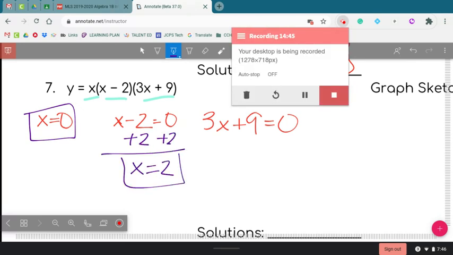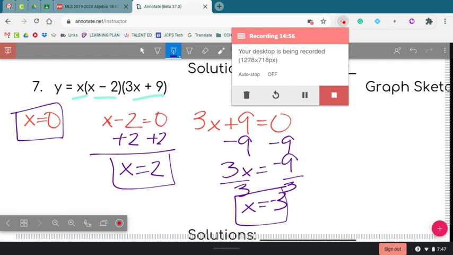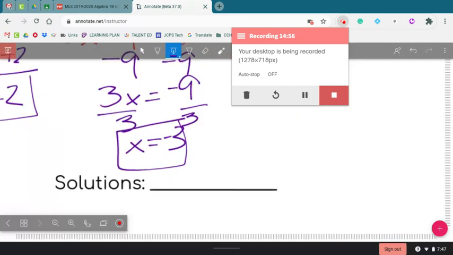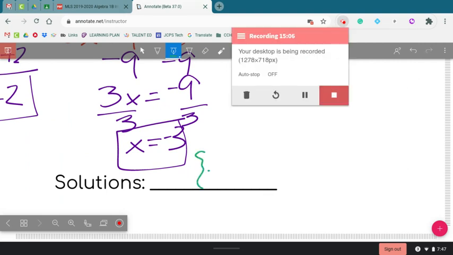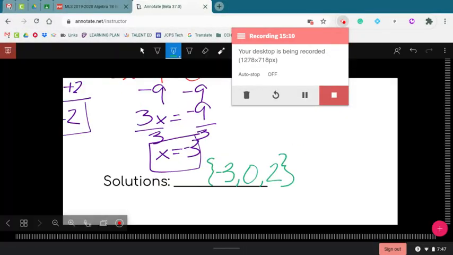That's another solution. Then you're going to solve for x on this one, and you're going to get x equals negative 3. So there are 3 solutions. So technically, this isn't even a quadratic. So we have, let me write this correctly, negative 3, 0, 2. So we have 3 solutions for this.